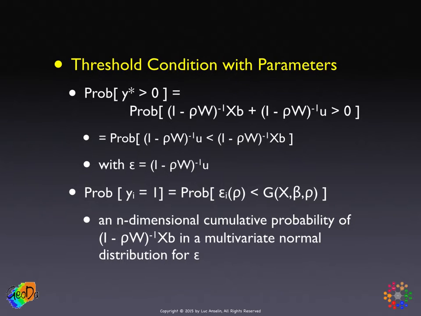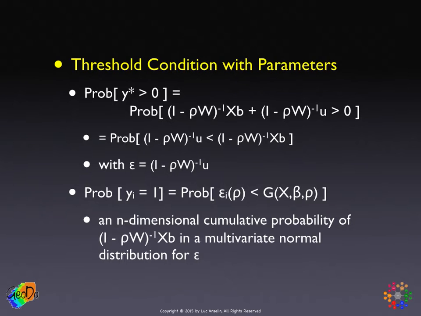For each element in the column vector that we obtain by pre-multiplying X beta by this inverse matrix, we need to find the cumulative probability of the marginal error term from a multivariate normal distribution. This is quite complex, and we'll revisit it when we talk about maximum likelihood estimation.